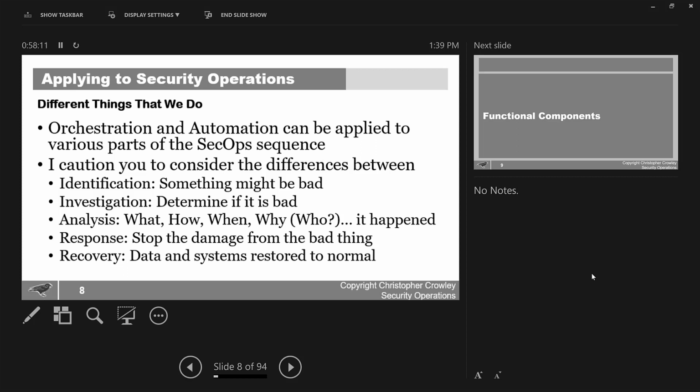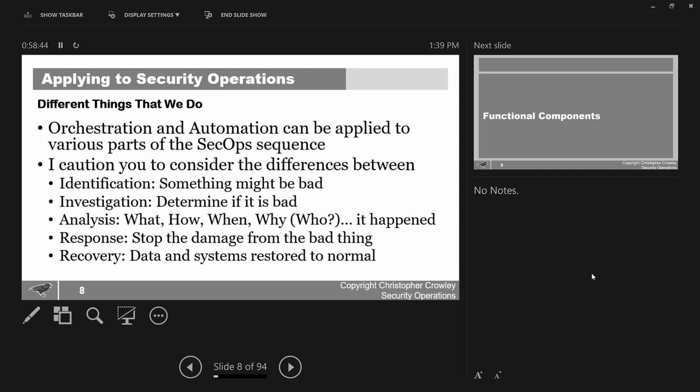I think about investigation: once I get this initial identification, I go and do further investigation and make my assessment. I also talk about analysis: I take that thing I'm investigating and pivot out and find all sorts of information in order to explain the answer to some core questions. Who did this? Why did they do it? What happened? How bad is it? How long has this been going on? Those sorts of questions are part of our analytical investigation.